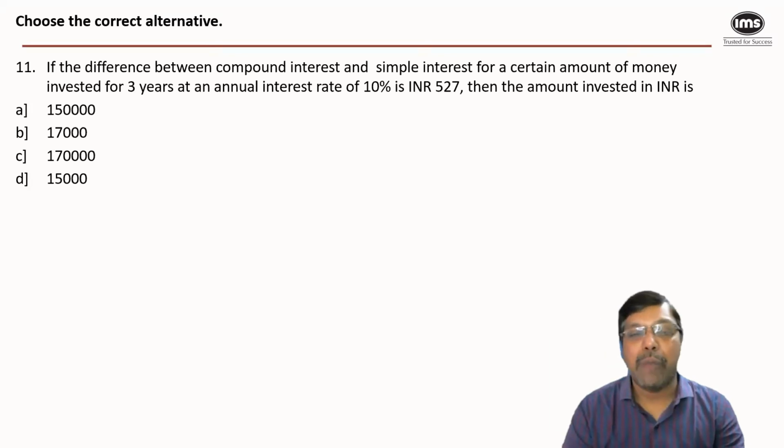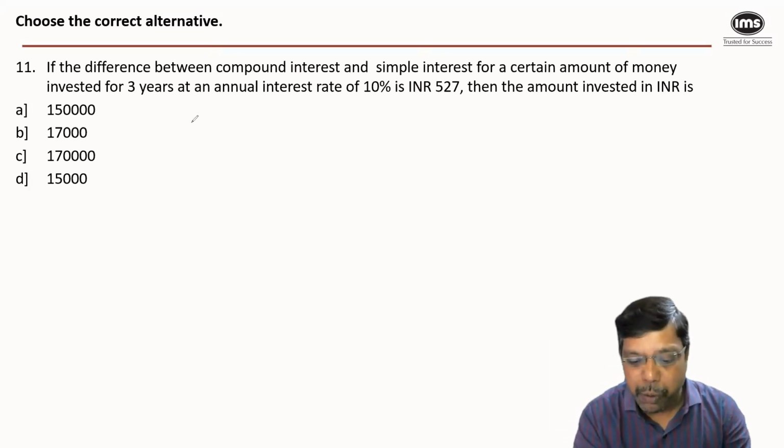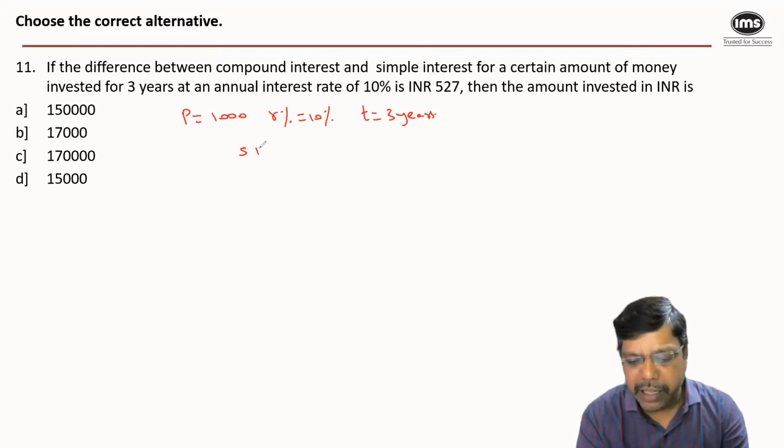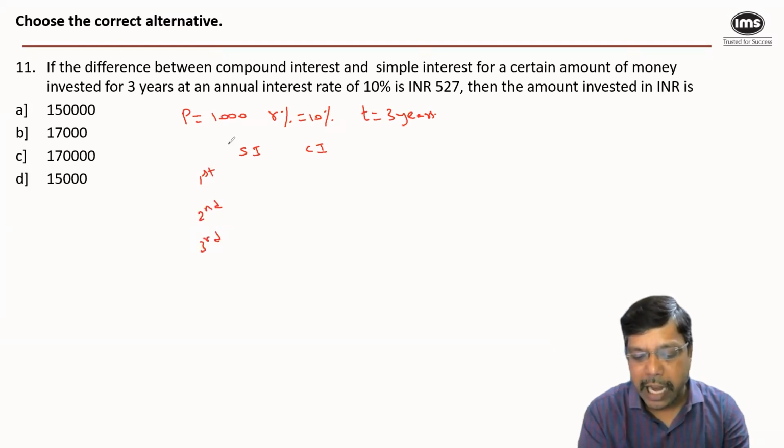Let me explain by what I mean. Suppose I consider the principal to be 1,000 rupees, rate of interest is 10% and time period is 3 years. Now, simple interest, compound interest for the first year, for the second year, for the third year, and of course the total.